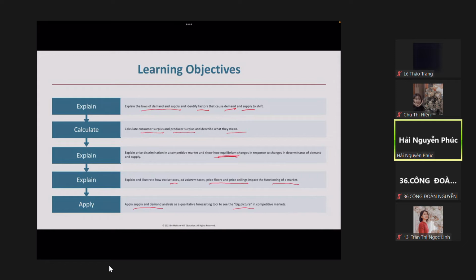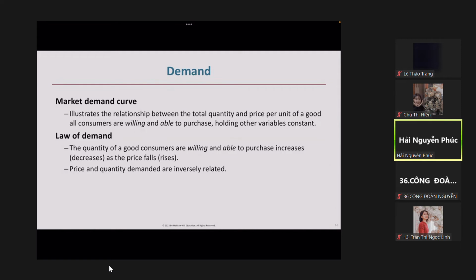Okay, so first of all, let's pay attention to demand. Pretty simple. Here we have the definition of the demand curve, right? The demand curve tells us about the relationship between the total quantity demanded and the price of a good, at which the consumers are willing and able to purchase, holding other variables constant.